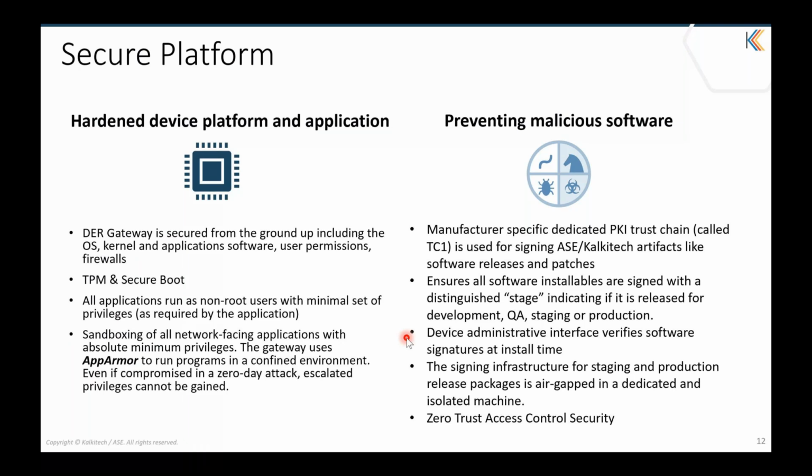The hardware variants which we have support different levels of security, including hardware security with a trusted platform module and a secure boot, which ensures that only the approved software will be loaded into the device, and only approved software can be deployed and installed in the device. And if any malware has replaced the software, then the device will immediately not be functional.